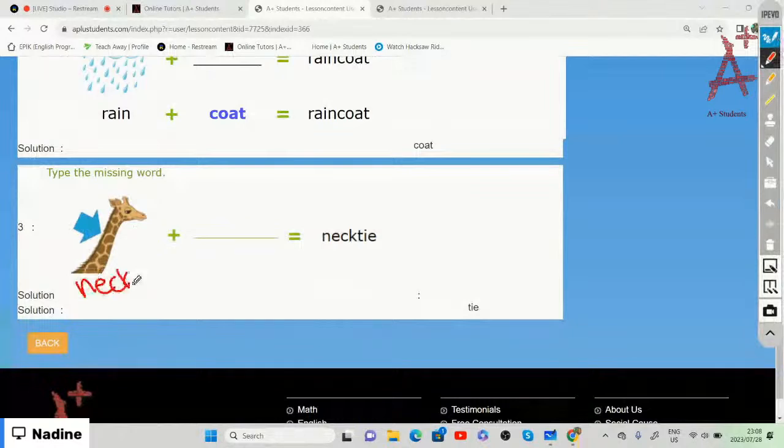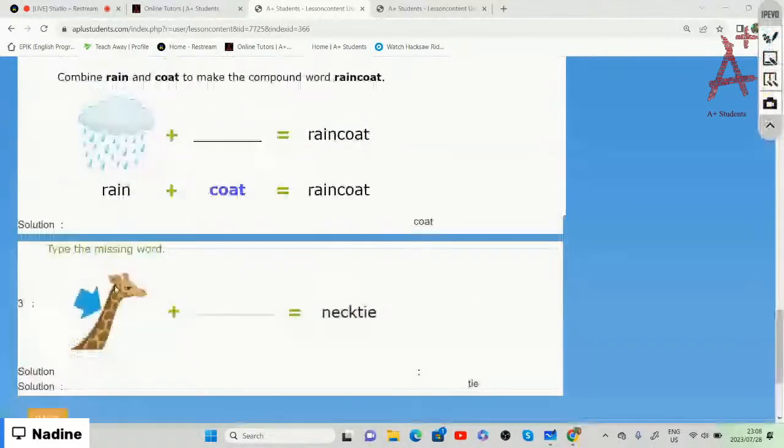So neck plus what is equal to necktie? The compound word is necktie, which means that neck plus the word tie equals necktie. So as you can see, these are compound words, and we said a compound word is made up of two small words.